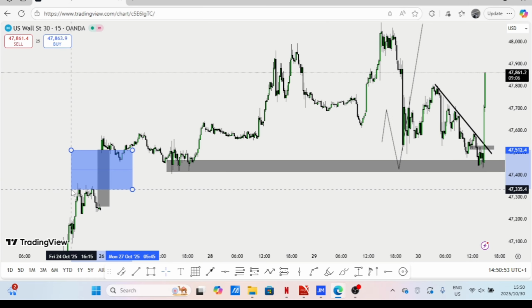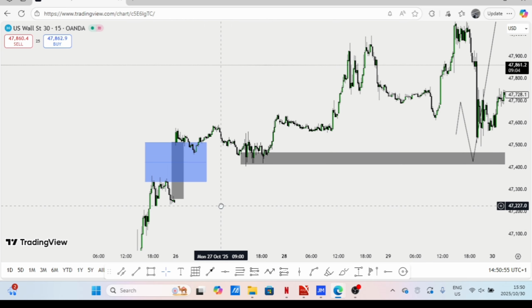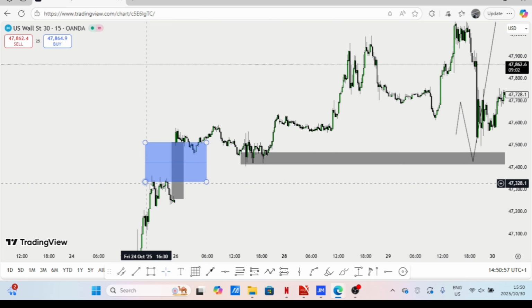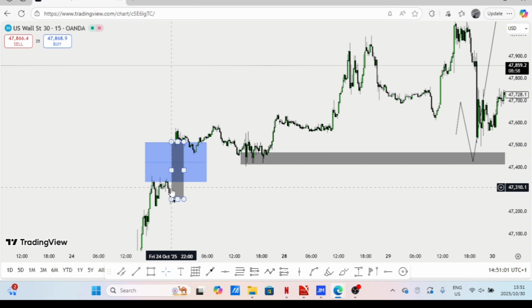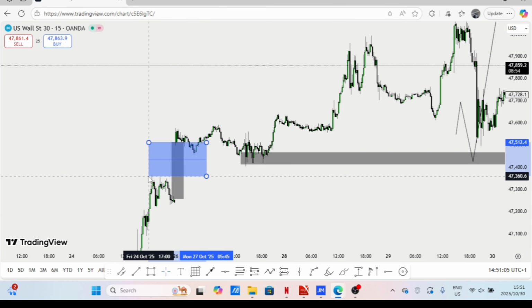So how you measure this gap is that you take from the high and then from the low. As you can see, this is where the gap is. If you prefer, you can also do it like this, but I just prefer it like this, guys.